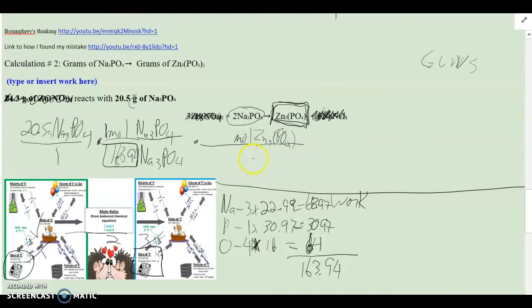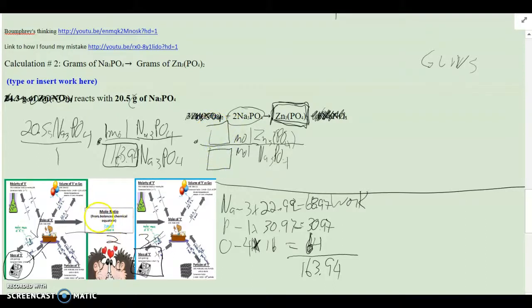And the thing I started with goes on the bottom. So Na3PO4.